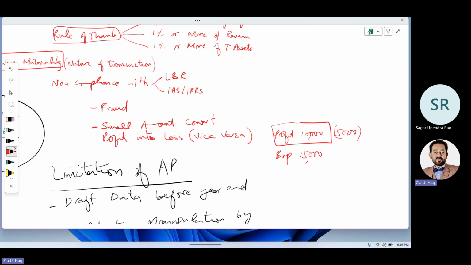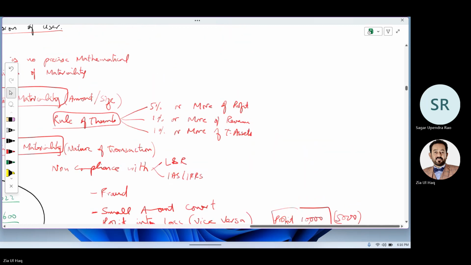So this small amount influences the decision of users. So quantitatively 15,000 is not material, but as it converts loss into profit, we will consider it a material misstatement from a qualitative point of view. Can you understand this?